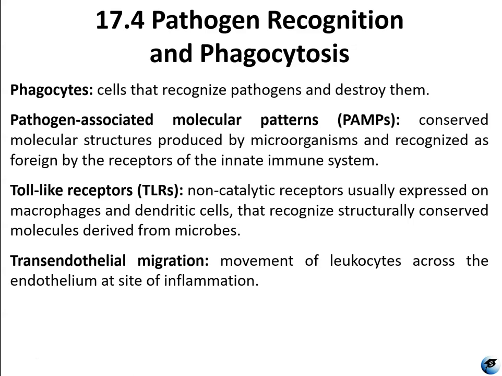Your toll-like receptors, the TLRs, these act as early warning systems. They trigger your body's responses to a number of molecules that are shared by various bacterial or viral pathogens, but they're not normally found in humans.